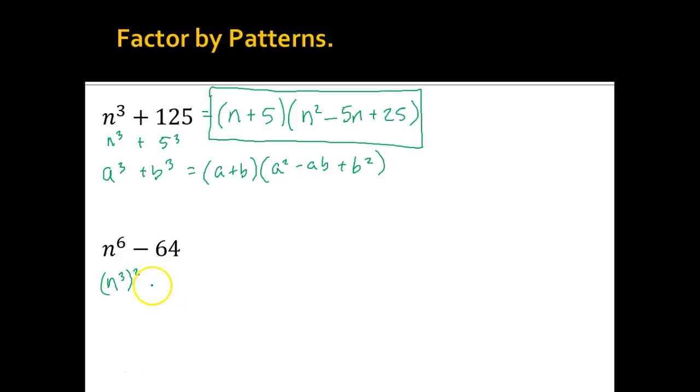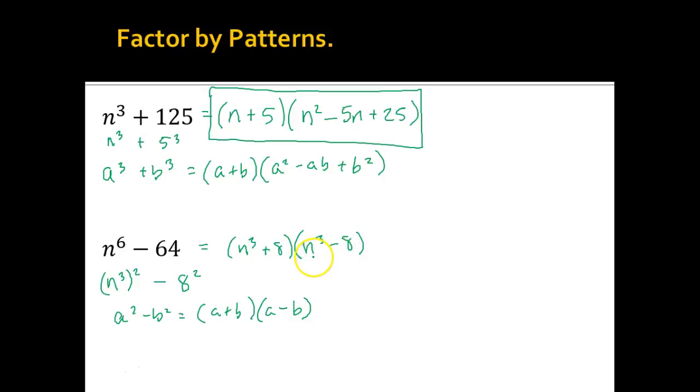And 64 is on our list of perfect squares. It's 8 squared. So that fits into our formula. A squared minus b squared equals a plus b times a minus b. So we can write this as n cubed plus 8 times n cubed minus 8.